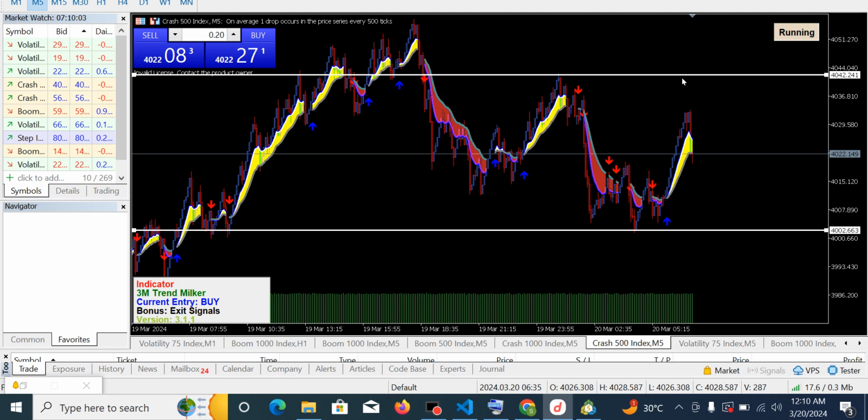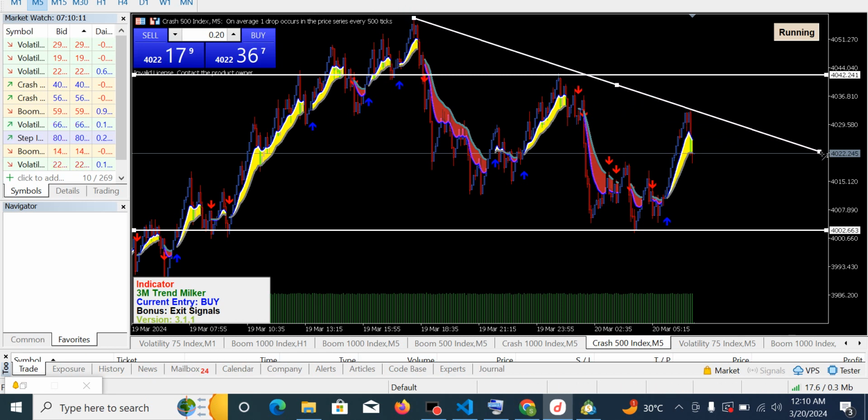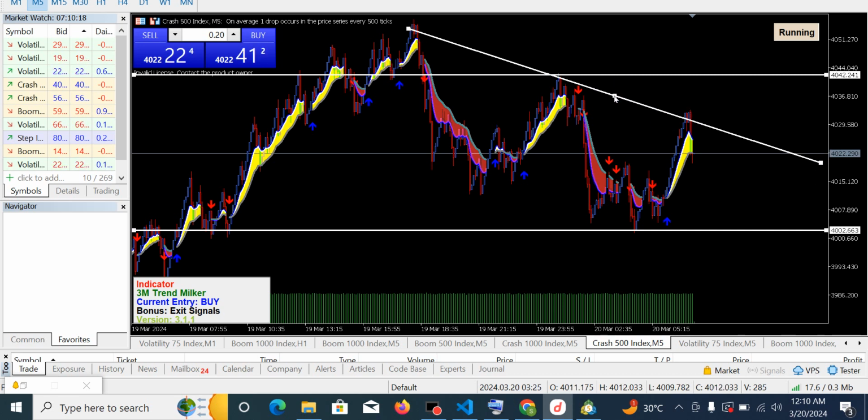So if it does not break out above the resistance zone, then definitely it means that it's only had a pullback. It's only had a major pullback, because we've been experiencing something like this right from here. So you can see that.